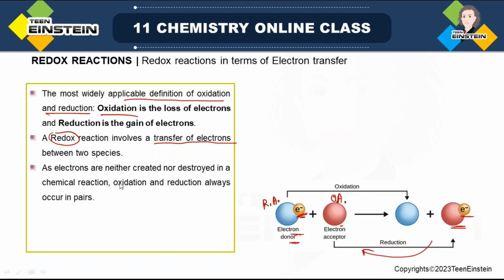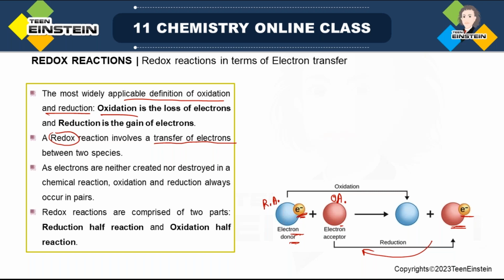Otherwise, how will we explain this fact that electrons are neither created nor destroyed? As it is neither created nor destroyed, both these processes, oxidation and reduction, should occur simultaneously. Otherwise, it means that as if electrons are created or destroyed, but that is not true.